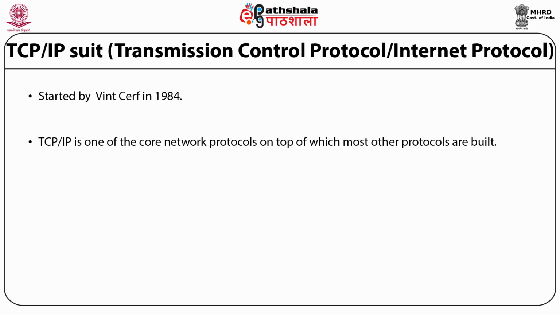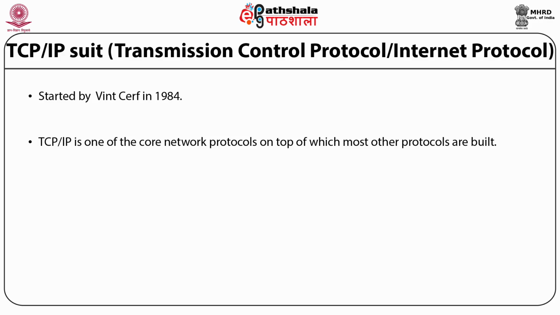So TCP/IP is one of the core network protocols on top of which most other protocols are built. So when I'm talking about HTTP, there is a relation between HTTP and TCP/IP. Anyone who uses the internet in a browser generally types http:// then an address, www.inflibnet.ac.in.